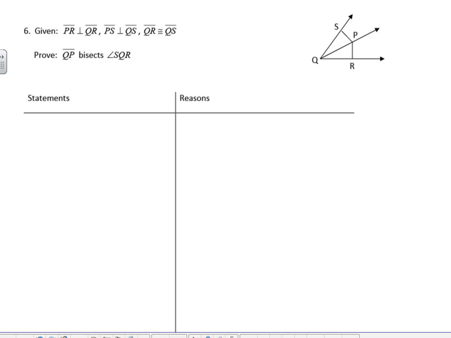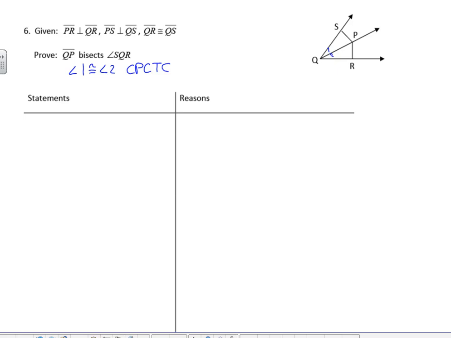Well, if that were the case, and I'm going to write this angle in here, I'm going to call this angle 1 and angle 2. In order to prove this, I need to show that angle 1 is congruent to angle 2. Well, those are parts of triangles, so we're going to get that by CPCTC. Well, how are we going to get CPCTC? Let's go back and see what we're given.